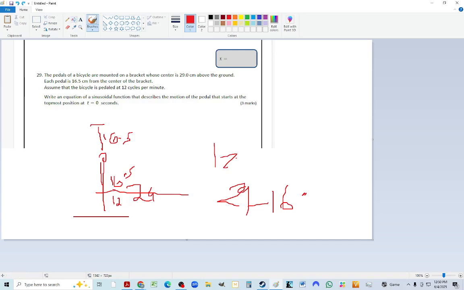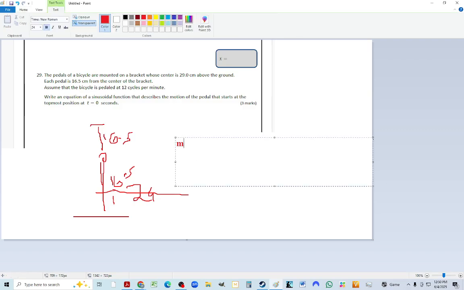So let's do the formula. Min point is axis minus amplitude. The axis we just said is 29, the amplitude they've told us is 16.5, so the min value is going to be 12.5.